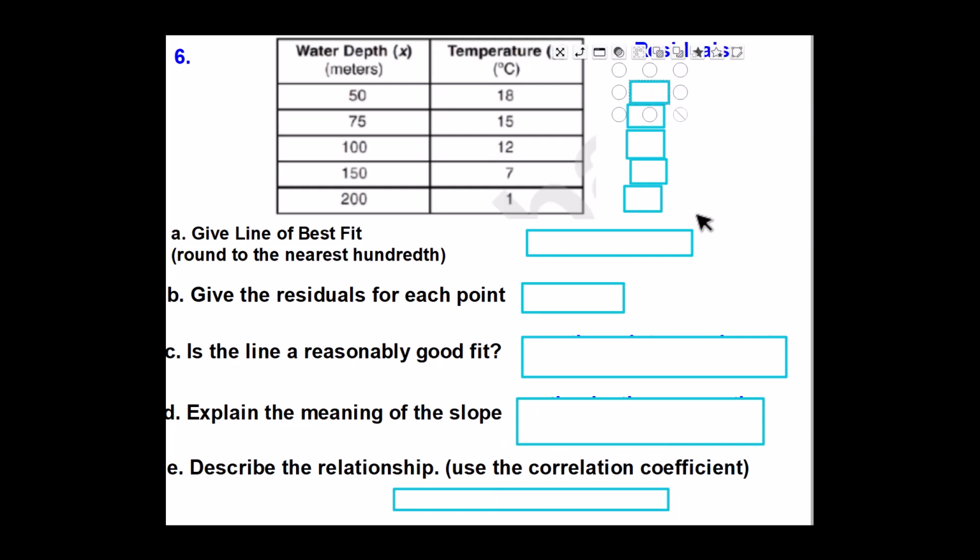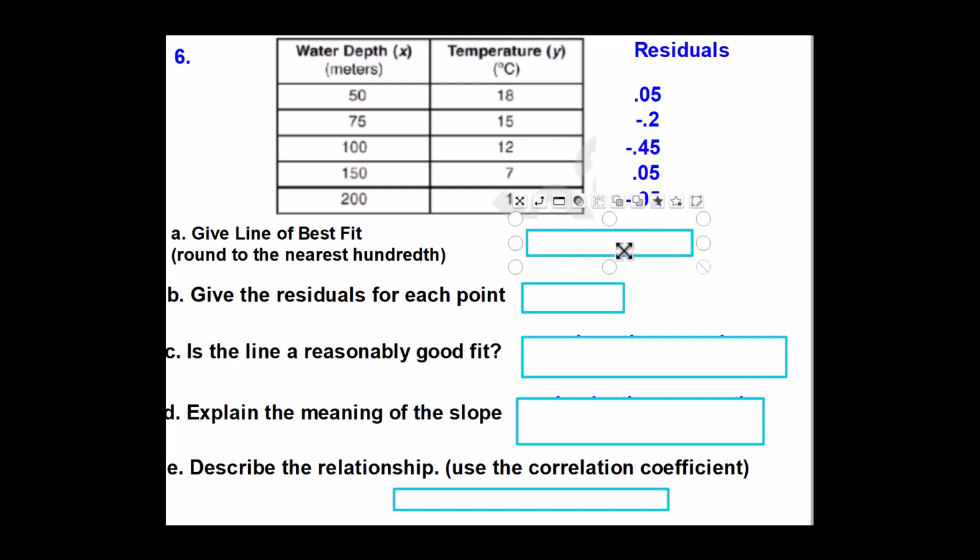If we click on the E sub 1, it'll give us all of the residuals for this set of data. It gives the line of best fit. Again, put your table in and you'll have the slope and the intercept, and I'm rounding off to the nearest hundredth.